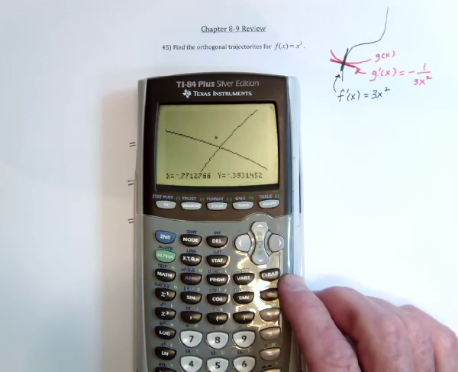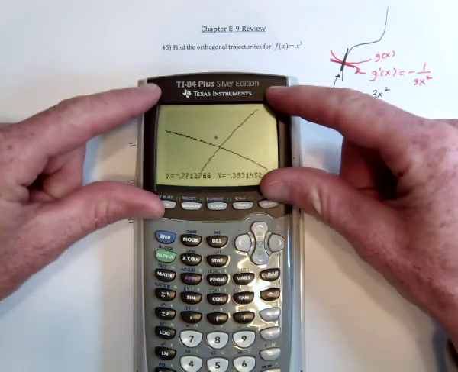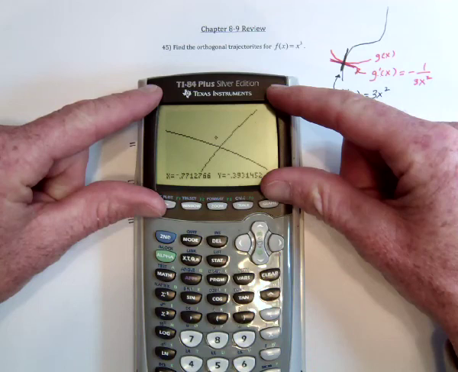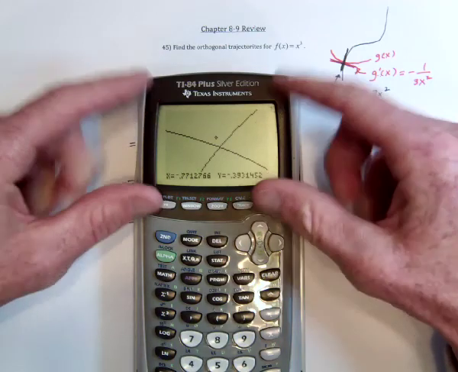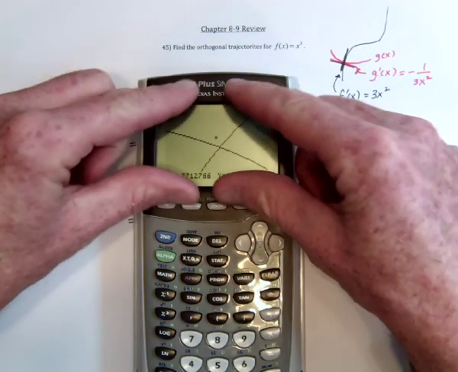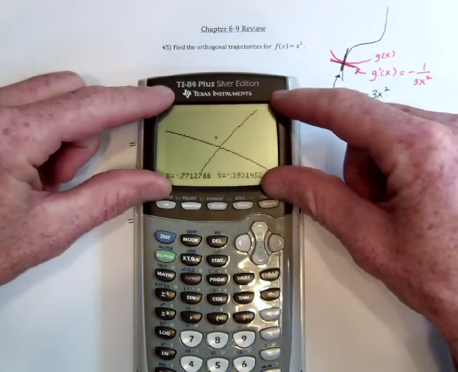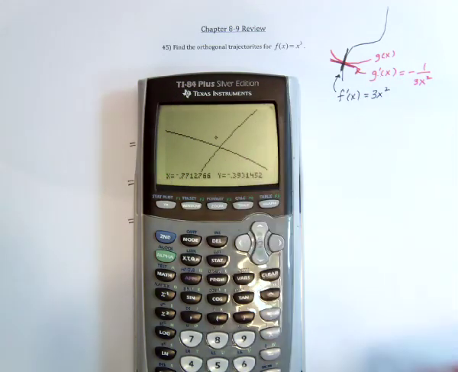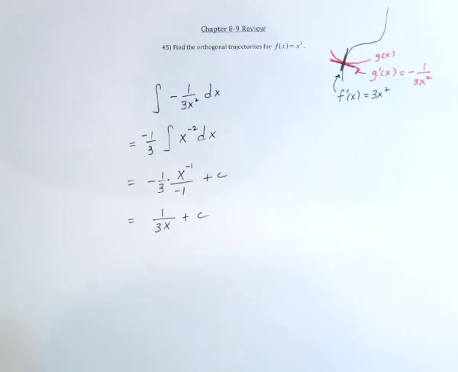Oh, there's a problem. The calculator is a rectangle. The screen of the calculator is a rectangle, so it's actually taking square information and stretching it like this, so they don't quite look perpendicular. But the math tells me that they are, so I'm going to believe that.